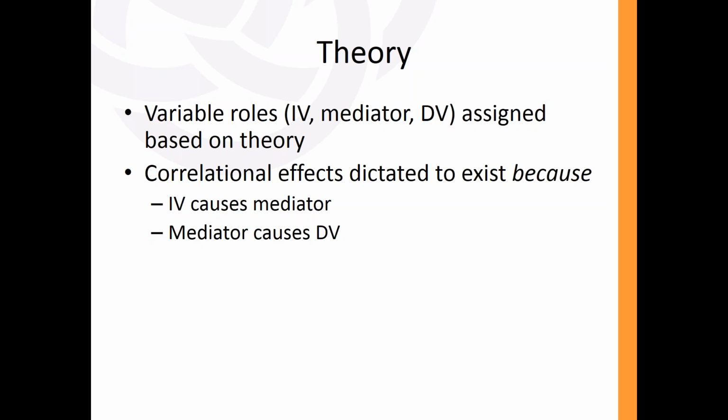And that's how you can basically infer causality: you are responsible for saying, okay, I have an independent variable, and I'm going to say that it causes the mediator for various reasons, including the fact that one comes before the other, and one has to happen for the other to exist, and so on. But in reality, what we're looking at in terms of the data analysis is just correlations.